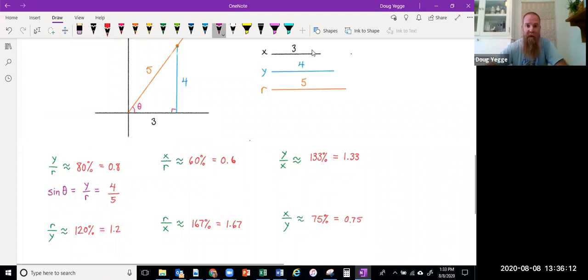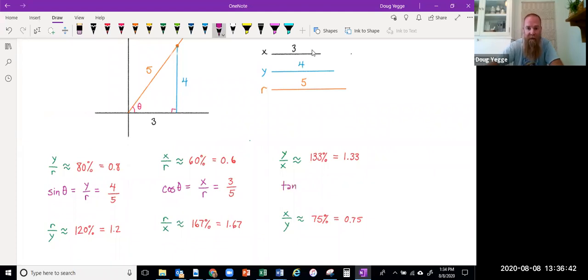So when we take a look at cosine of theta, okay, cosine of theta by definition is x over r. So if x is 3 and r is 5, then cosine of theta is 3 over 5, which as a decimal is 0.6, which is approximately what we recognized when we made the comparison of their side lengths. So now let's look at tangent of theta.